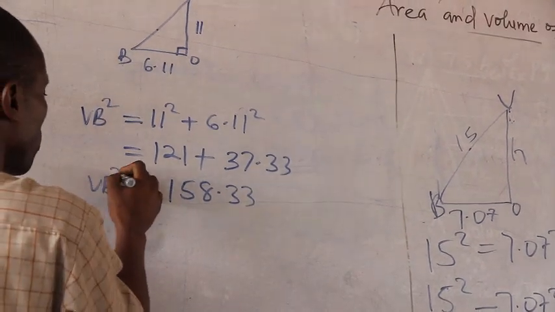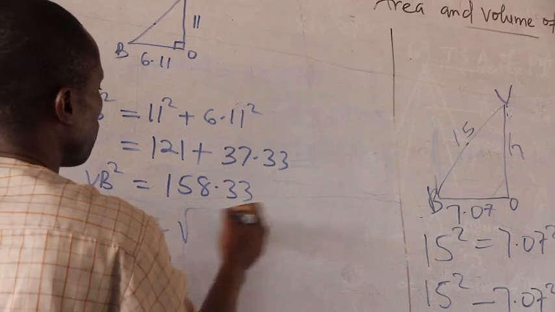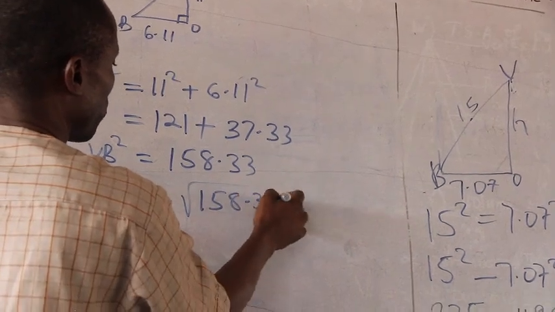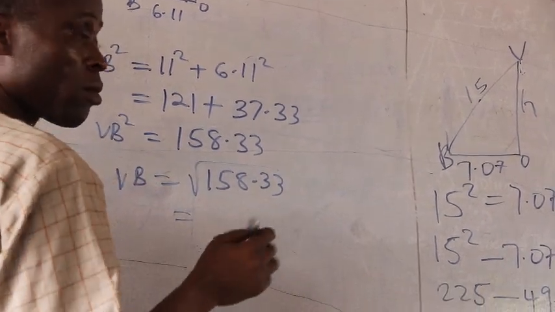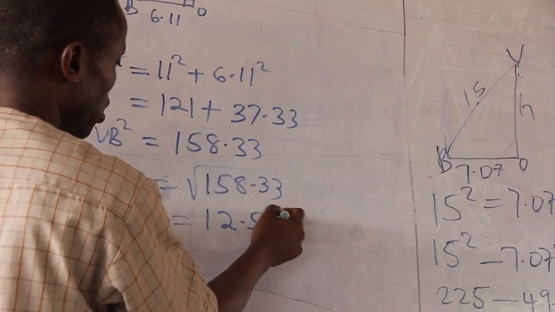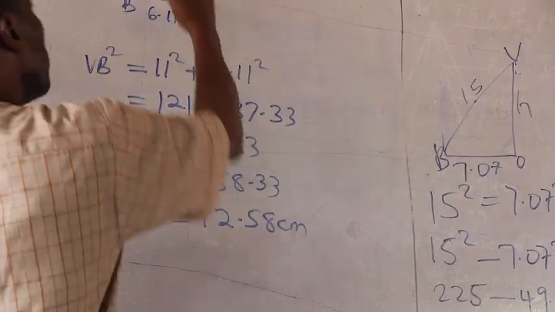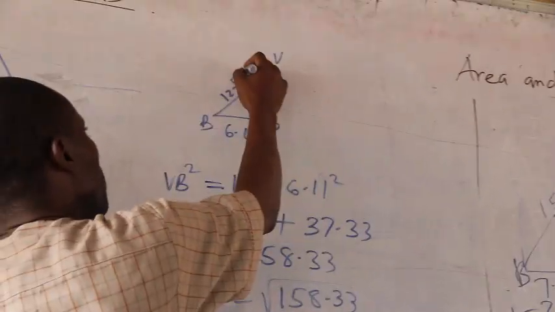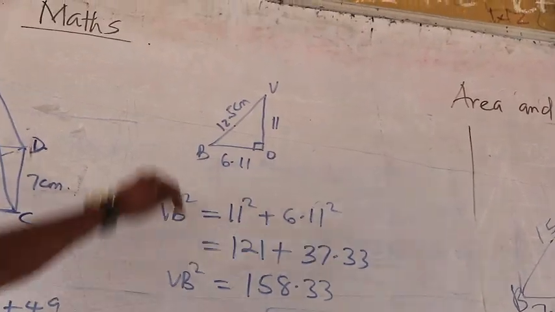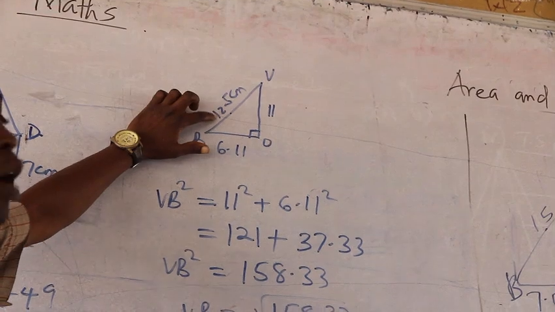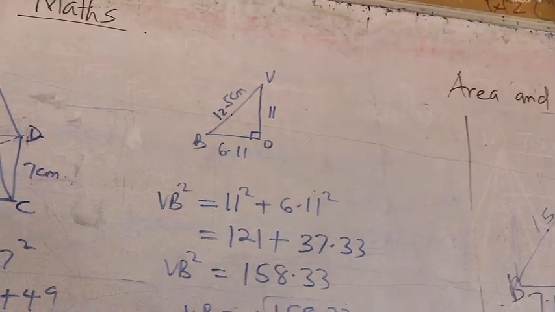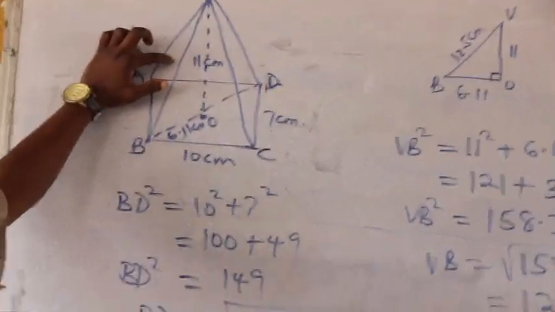That is VB square. VB is equal to the square root of 158.33, which is 12.58. This is the side of this triangle, also known as the slant edge of that pyramid.